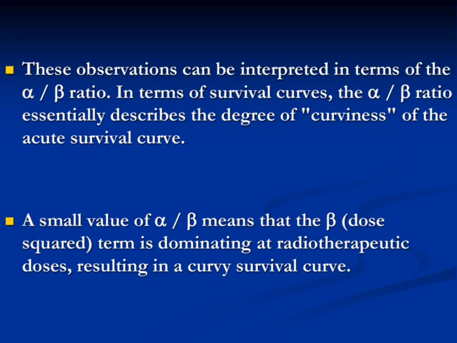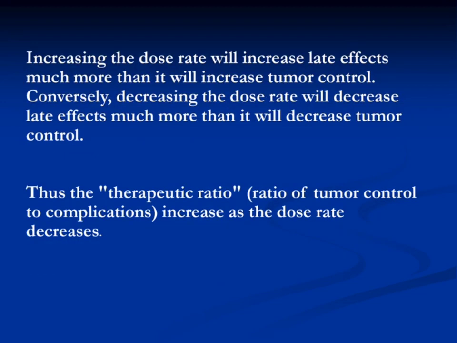So you see here the early effect and the late effect, and the alpha beta ratio, beautifully explained. That's a cell survival curve. As you see, on one axis the dose, on the other axis the surviving fraction of the tumor. It's the linear quadratic model. The observation can be interpreted in terms of the alpha beta ratio. In terms of survival curves, the alpha beta ratio essentially describes the degree of curviness of the acute survival curve.